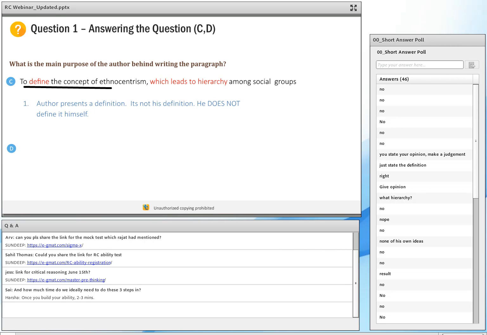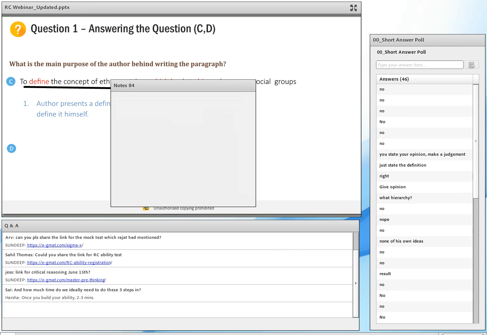And if the author were to define, then the author would write something like this. EC is a situation in which blah blah blah. If the author says something like this, or EC is defined as X, Y, and Z, he's not defining it himself.